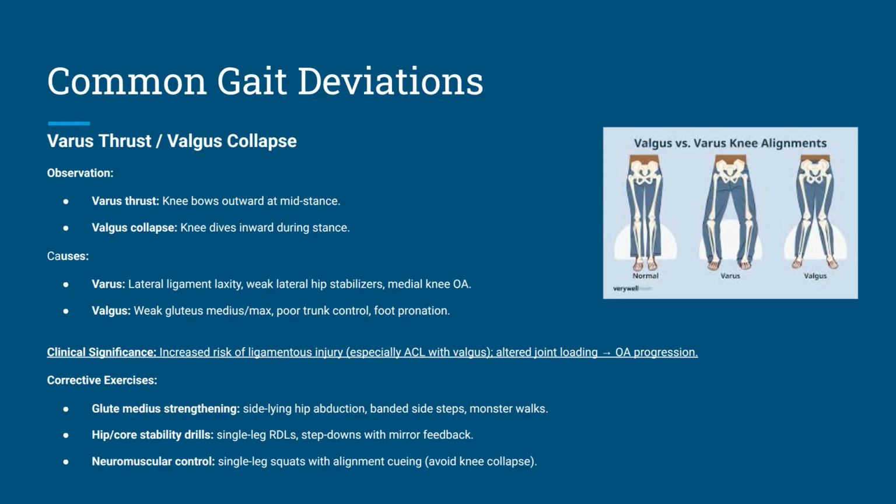And then neuromuscular control, doing single leg squats with alignment cueing. If the knee collapses inward, don't just cue the knee. Cue the hip and trunk.